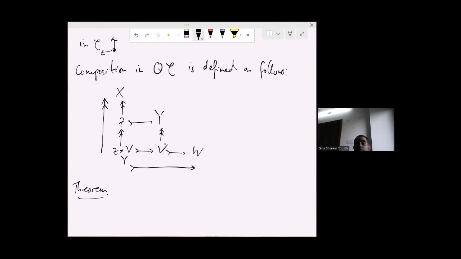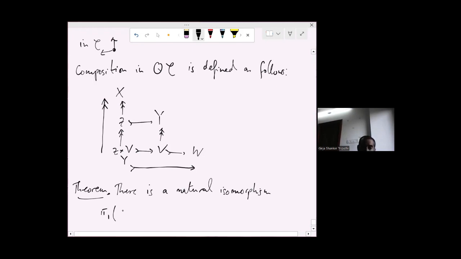Okay, so this theorem I just write. We have defined K0C as this group F modulo R, and the first theorem is that there is a natural isomorphism between these two.